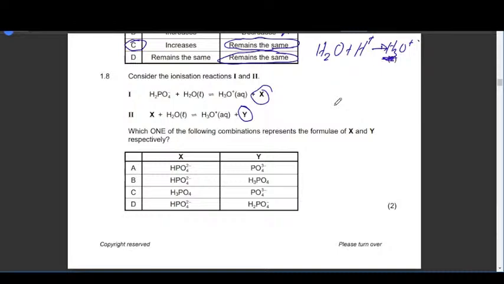Then it means that the species X is going to remain 1. Okay, let me show you what I'm saying.